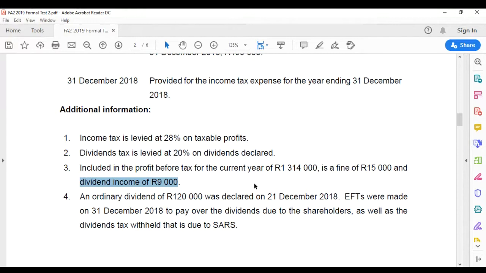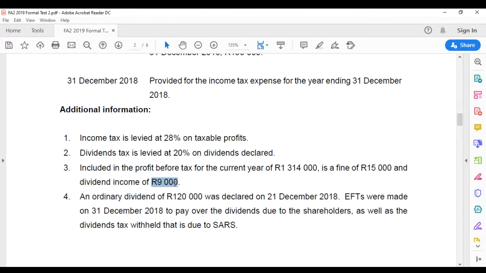Now, there are all sorts of provisions in the Income Tax Act to prevent double taxation. There are even tax agreements between various countries, between South Africa and Britain, or South Africa and Botswana, and Britain and Germany, and so forth, to prevent double taxation. So there are very many measures in the Income Tax Act to prevent double taxation.